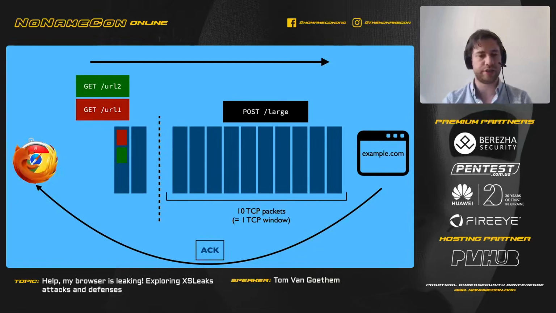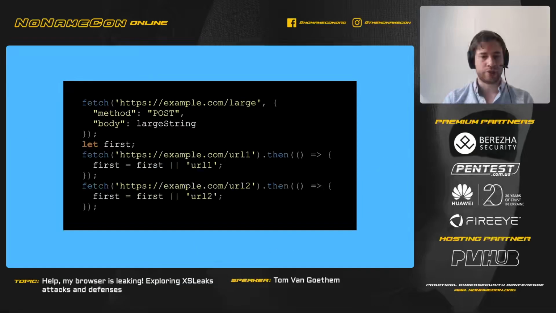And as you can see, both GET requests that we're interested in will be sent in the same TCP packet. So this means that they will arrive at exactly the same time at the server. In code it looks fairly easy. First we make the POST request and then the two fetch requests, and we just determine which one arrives first.